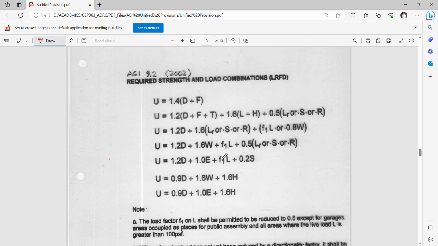Okay, guys, so let's continue our discussion on load combinations. This time we try to focus more on LRFD.